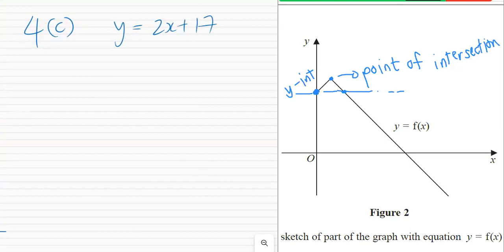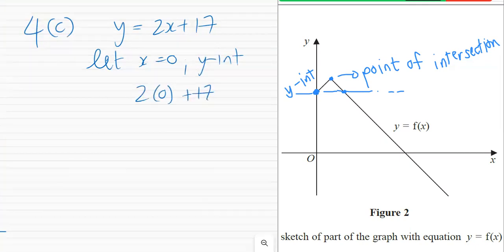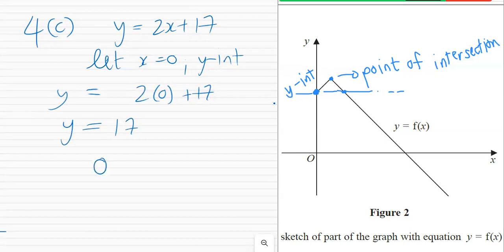If we let x equal to 0, that's for the y-intercept, then we're going to end up with y equals 17. So then we get this point being (0, 17). Okay. So that's our y-intercept.